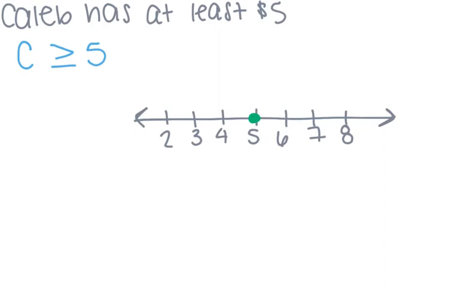And then we're just going to draw an arrow, and it's going to be an arrow because it can go on and on and on. It can go past 8. As long as it is greater than or equal to 5, it is a possibility. So Caleb could have $200. He could have $1,000. As long as it's above 5 or equal to 5, you have the correct answer.